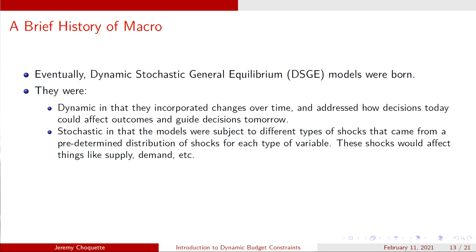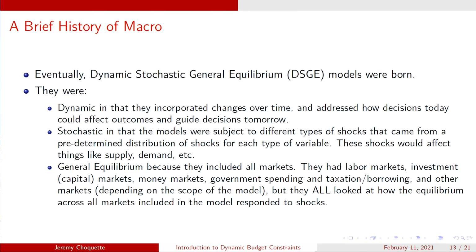So these shocks come from some sort of distribution, and this distribution follows some path over time. That's what's known as a stochastic process. So these models incorporate stochastic processes so that we can have a source of shocks that we can look at these things with.